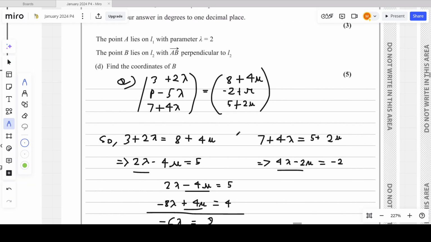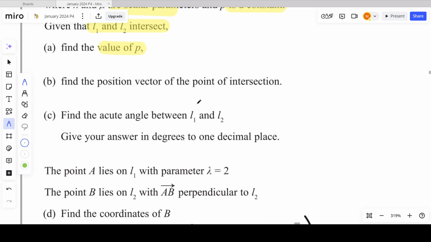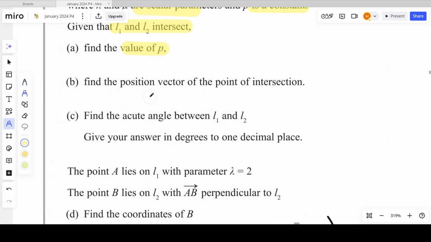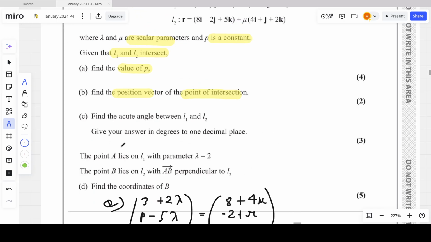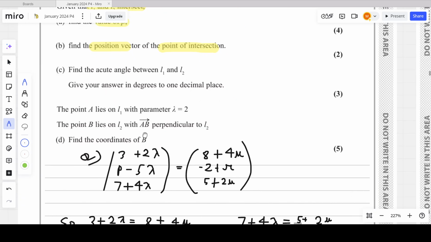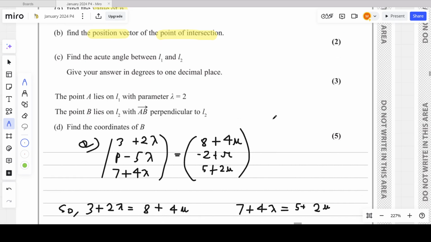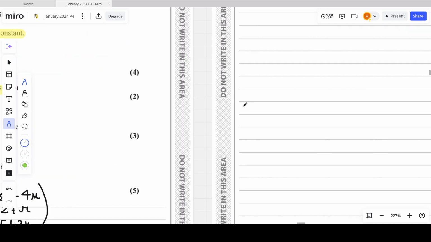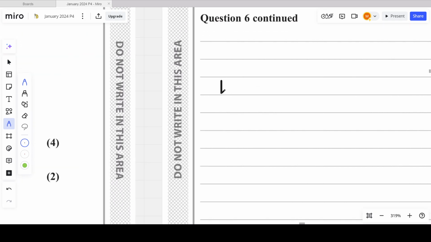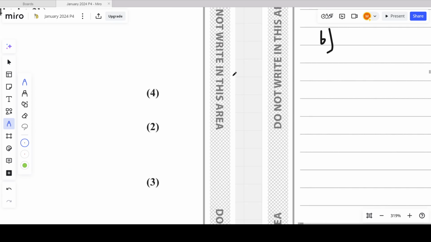Next, part B. What have they asked in part B? Find the position vector of the point of intersection. We need to find out the position vector of the point of intersection. That's not a difficult task, since we know the value for mu and the value for lambda, so we can easily find the position of the point of intersection, right? So that would be what?